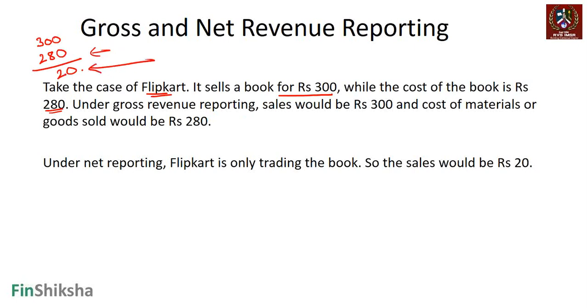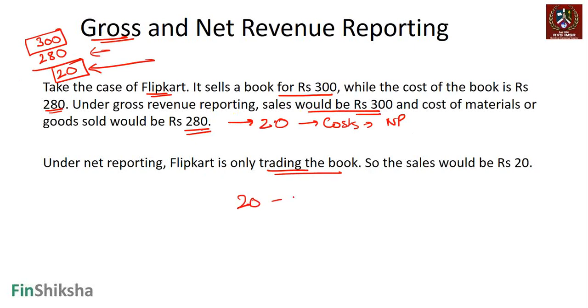Should my sales be 20 because all my costs will be taken out from this 20, or should my sales be 300? Under the gross reporting of revenue, sales would be 300, cost of goods sold would be 280, and then you get to the value of 20, and then you remove all your further costs from that 20 to get to the net profit. Under net reporting, it's only trading the book.